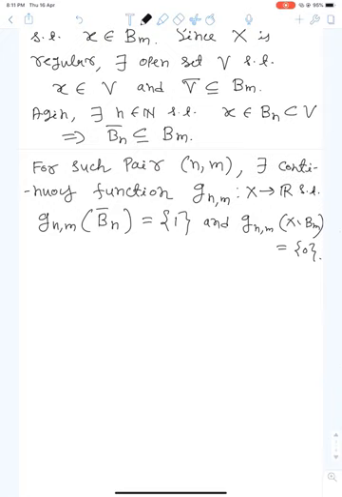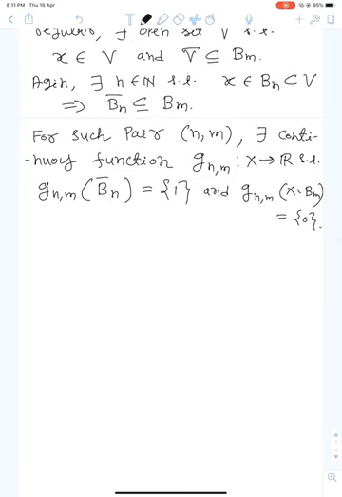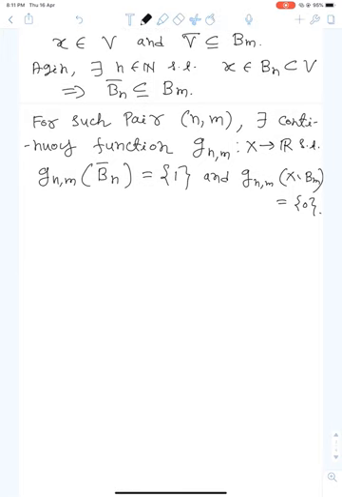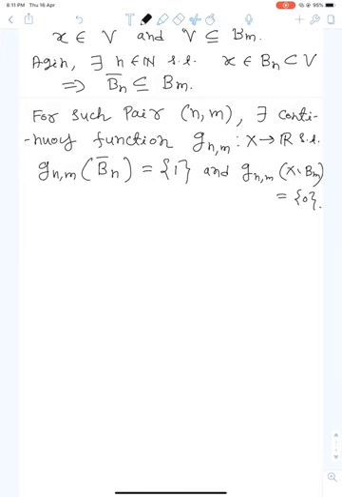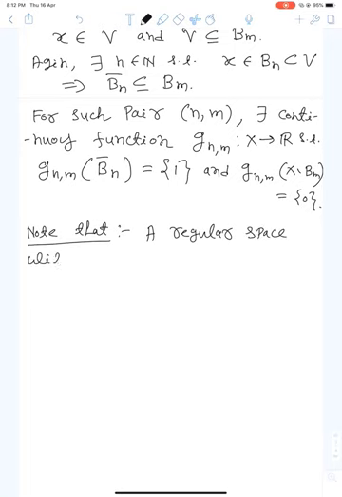Why is this true? Again we will use the Urysohn lemma for that. First of all, note that a regular space with a countable basis is normal.